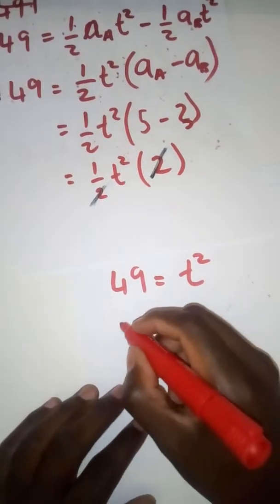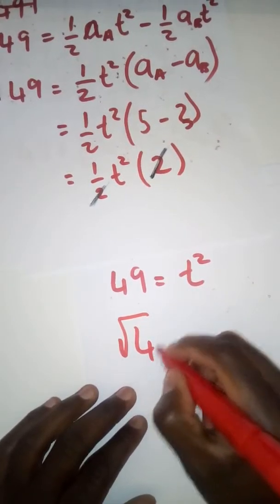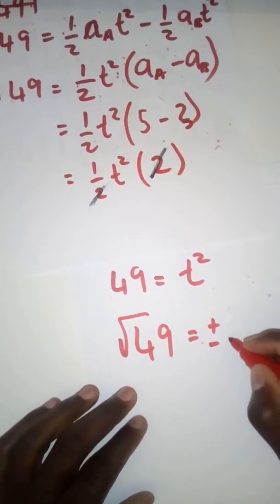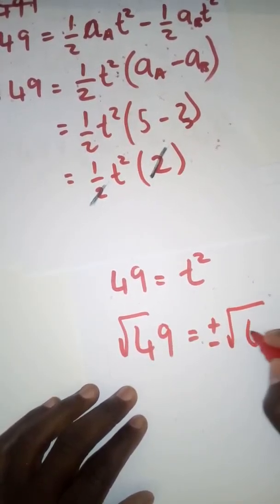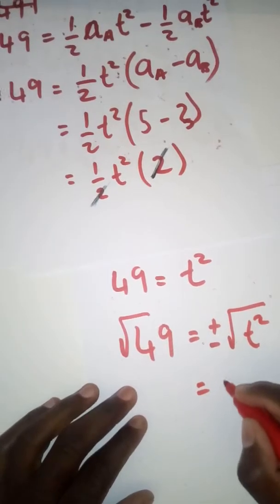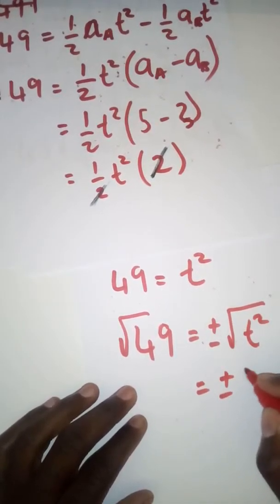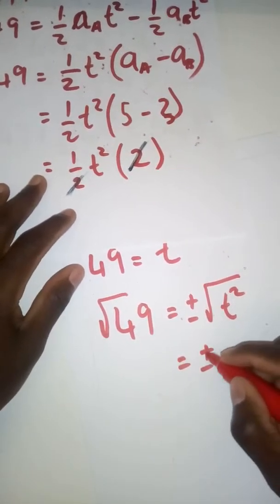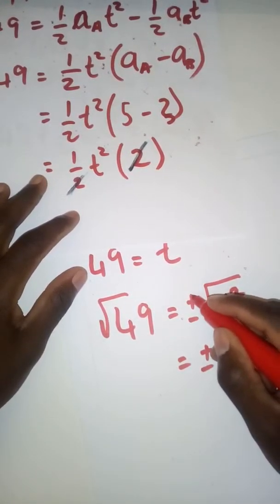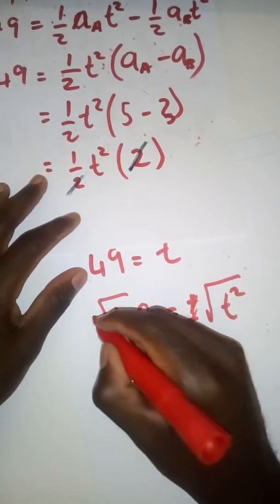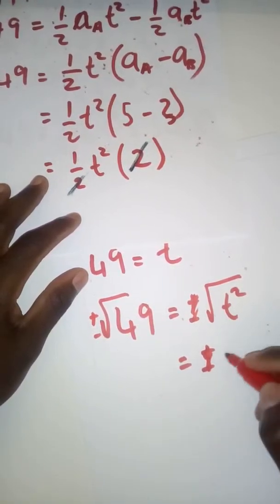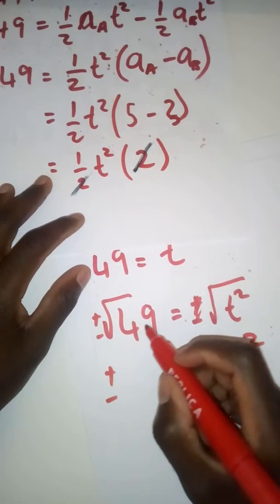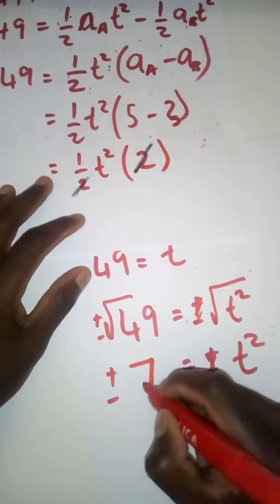In order to get our t, if you are applying square roots, you have to say plus or minus. So t is plus or minus the square root of 49, and the square root of 49 is 7.